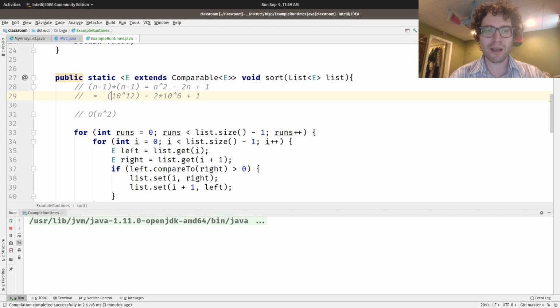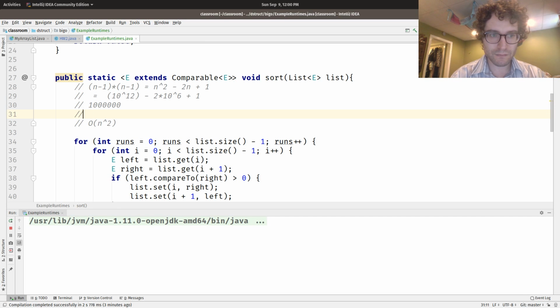That means there are 6 more zeros, right? This is 1,000,000, so 1 followed by 6 zeros. And this is 10 to the 12th. It is an utterly monstrous term in comparison.